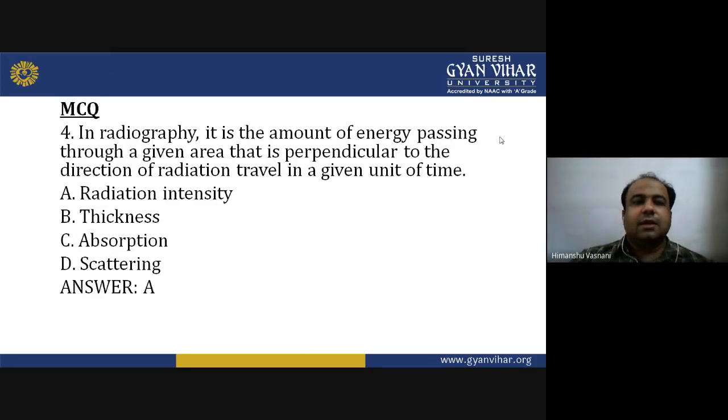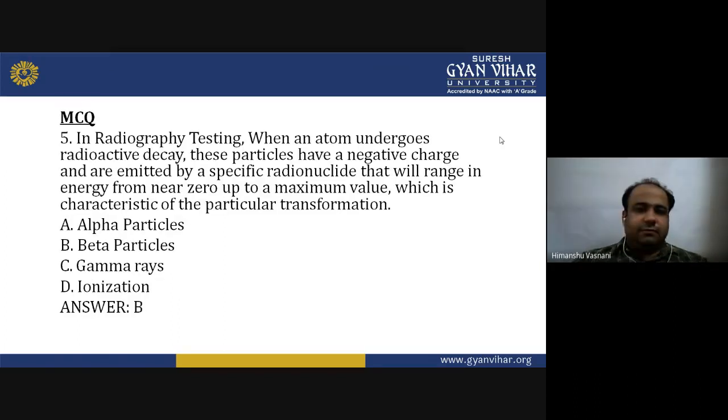Then in radiography, it is the amount of energy passing through a given area that is perpendicular to the direction of radiation at a given unit of time. What do we call it? We call it radiation intensity. Now, in radiographic testing, when an atom undergoes radioactive decay, these particles have a negative charge and are emitted by a specific radionuclide.